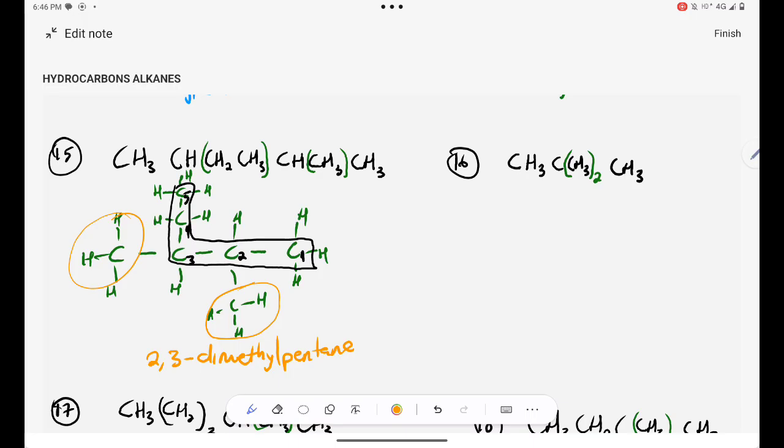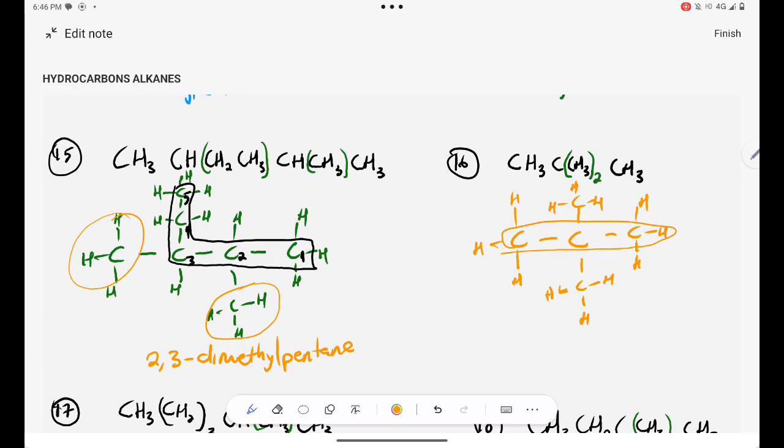Okay, and then for number 16, I simply have CH3, a C with 2 side chains on carbon number 2, as well as CH3 over there. The IUPAC name for this is very simple, guys.